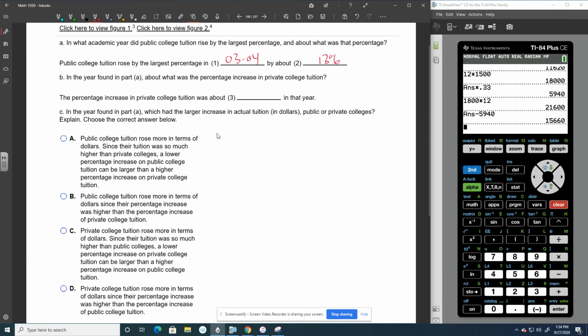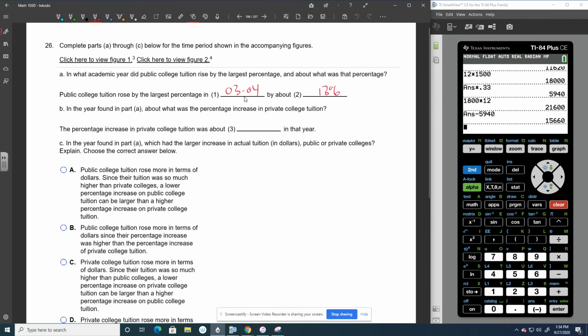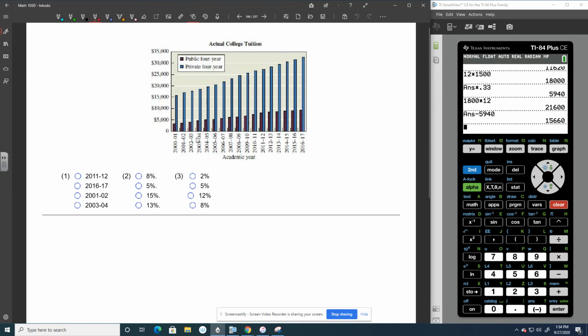And the year found in part A, about what was the percent in, oh, we just did that. The percentage increase in private college tuition was about what in that year? So in 2003, if I look at private college increase, which is this purple.